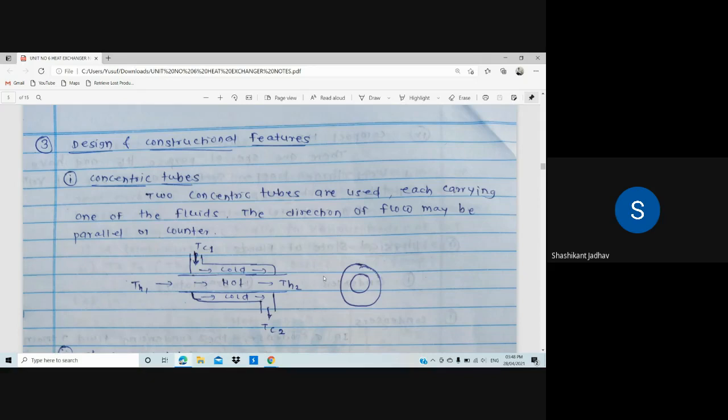The direction of flow may be parallel or counter.